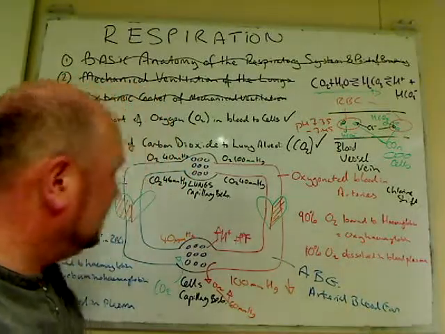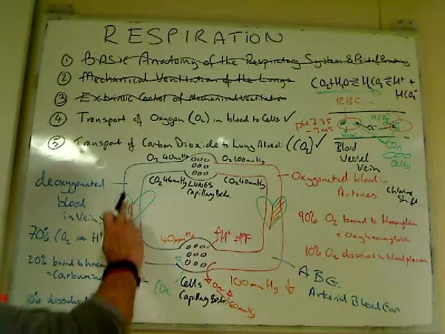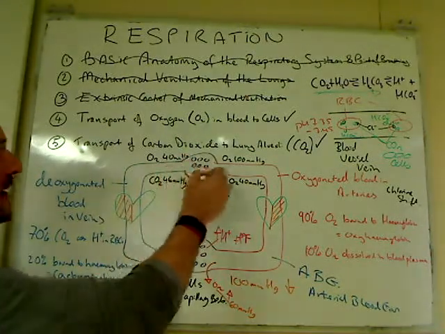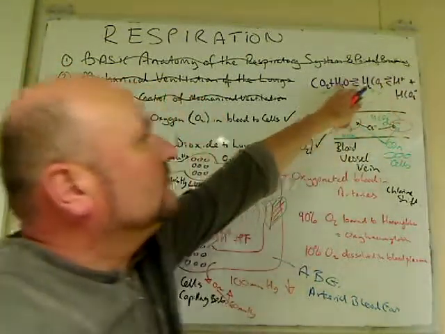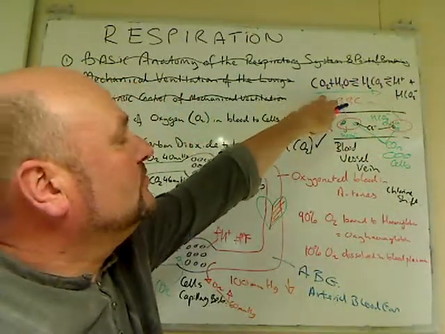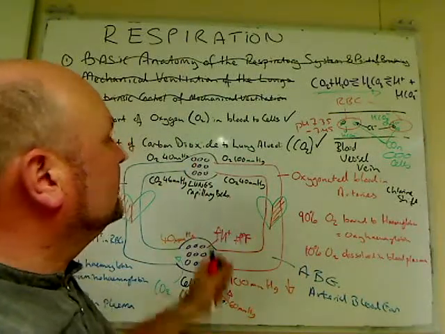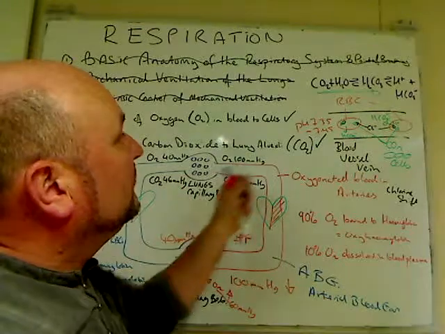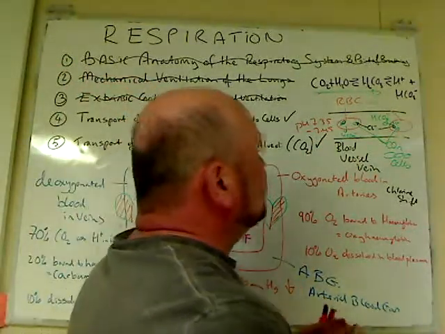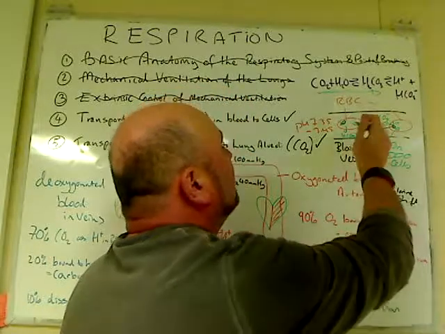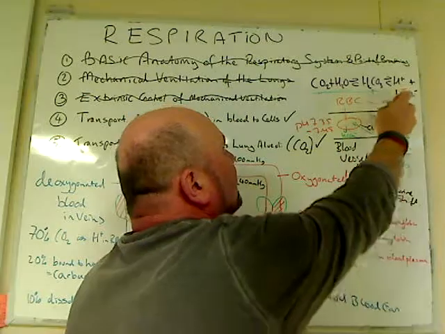Now, that 70% goes through, pumped by the right side of the heart up to the lungs, and as it gets to the lungs, this equation is reversed, and so we get CO2 back, so the CO2 can leave and enter the lung spaces in the alveoli. So the reverse of this happens, and so we see the hydrogen ions reforming with bicarbonate.